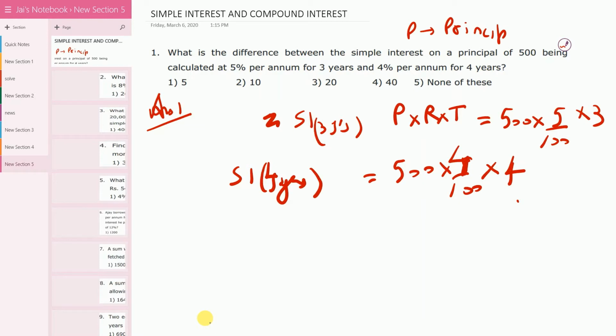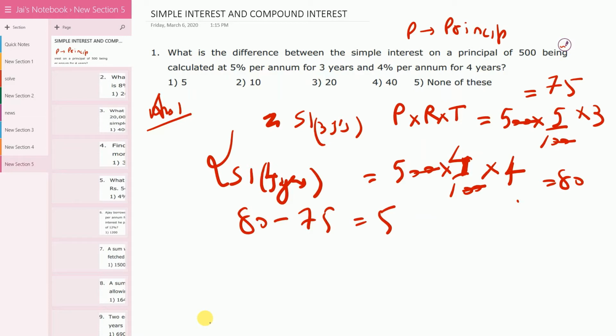So you need to solve these two. This comes out 5 into 5, 25, 25 into 3, 75, and this comes out to be 80 rupees. So the difference between these two is nothing but rupees 5. So the option A is the right answer.